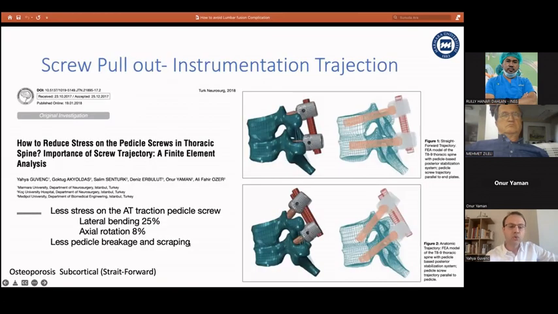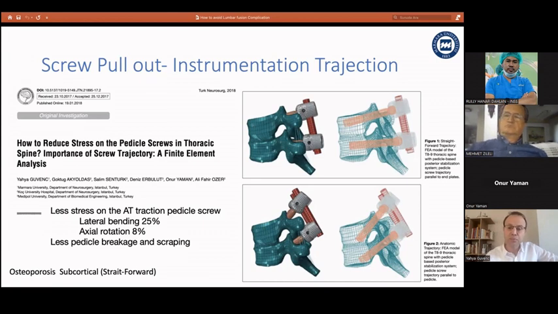And the other complication is pull out, screw pull outs. There are some techniques for screw placement. Some of them is putting parallel to the end vertebra. Some of them is using anatomical placement parallel to the pedicles. In osteoporosis patients and in older patients, we select these techniques because this is a very strong area below the end plates.